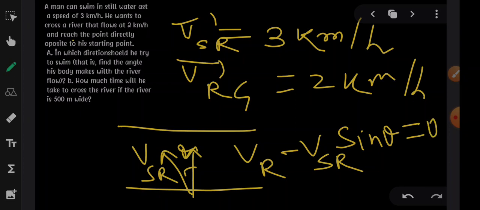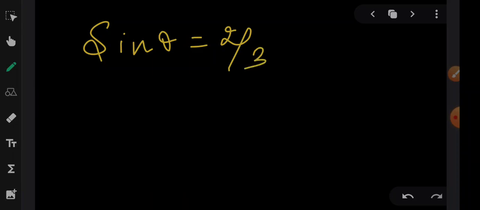Now here Vr is 2 and Vsr is 3. So 2 is equal to 3 sin theta, and sin theta is equal to 2 by 3.